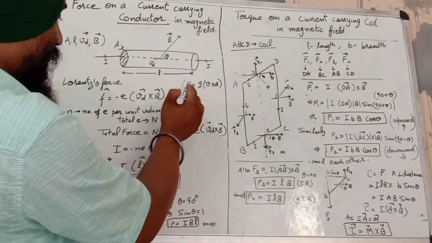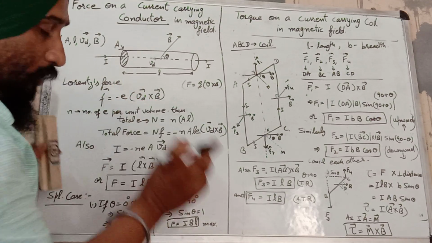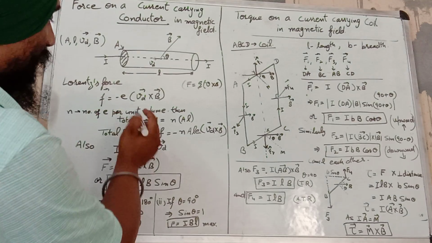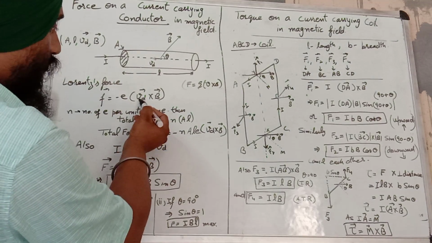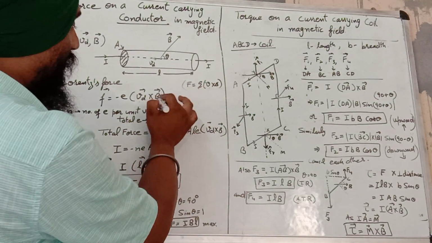Here the charge Q is minus e, Vd is the velocity of the electron and B is the field.